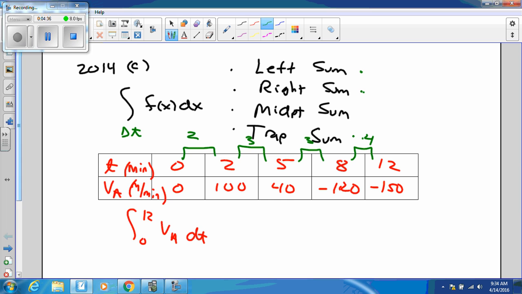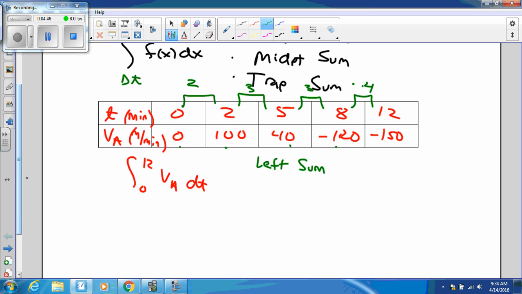Now, if I want a left sum, then for each subinterval, I'm going to choose the value on the left. And so that's going to give me 0 times the delta t here. Keep in mind that your sum is the sum of v(t) times delta t, which is the discrete approximation of the integral of v(t) dt, right there.